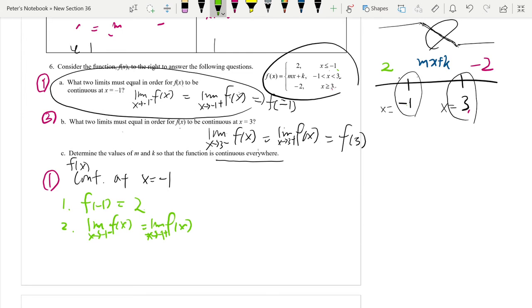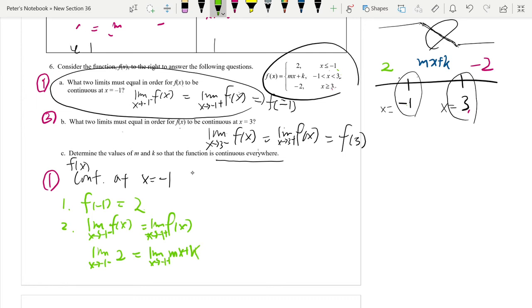So what is this? Then you get limit of 2 as x approaches -1 from left-hand side should equal to limit of mx plus k as x approaches -1 from right-hand side.